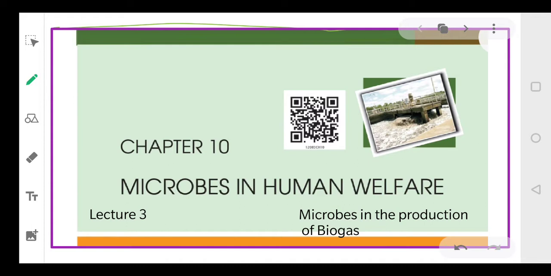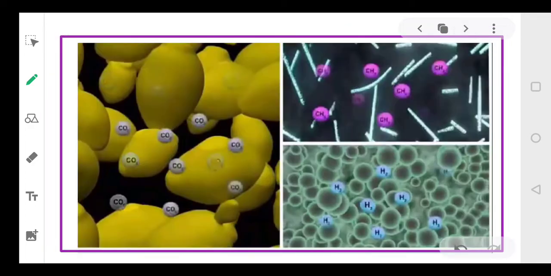Now dear students, we know that different types of gases are produced depending upon the growth and metabolism of various microbes. Suppose there is fermentation of dough, then carbon dioxide gas is released. Some bacteria release hydrogen gas, while other bacteria release methane gas. So the type of gas produced depends upon the microbe and the organic substance, the substrate, that is being utilized.